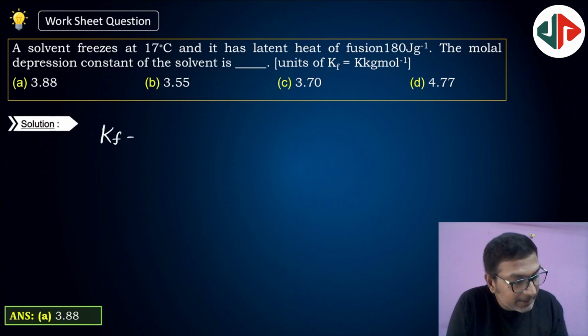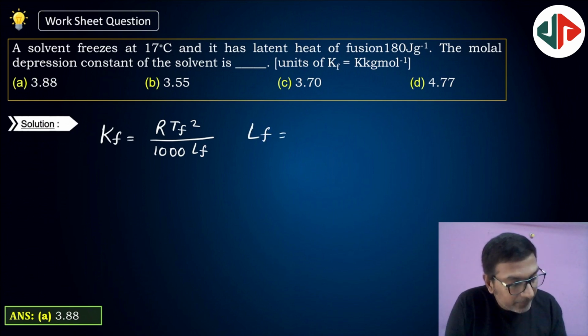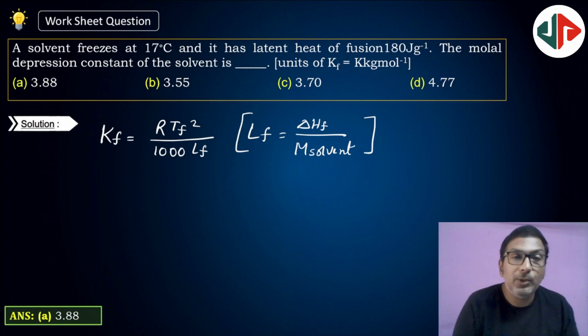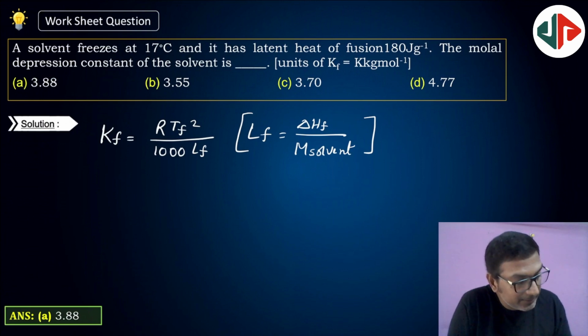Molar depression constant Kf equals R TF squared by 1000 into LF, where LF is delta HF by molecular weight of solvent. So this is the formula to calculate the molar depression constant. Therefore Kf equals, substituting the values, R value in joules 8.314, TF the freezing point.